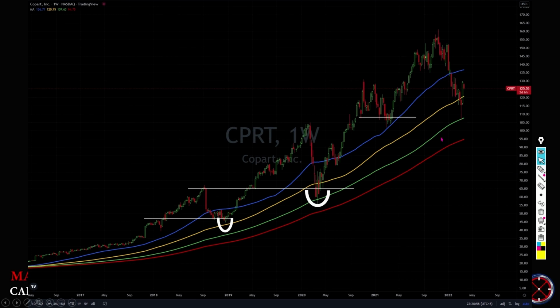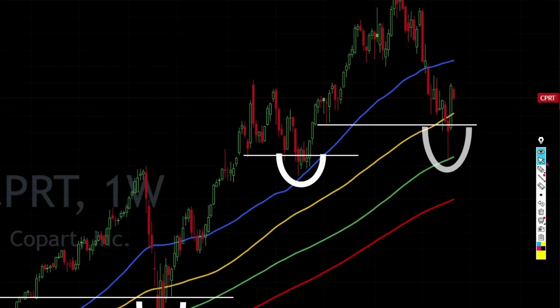All right. Okay, then here, this is something I would have missed out because it barely even touched the 50 moving average, but the price structure is pretty nice. You have candles closing way above that. All right, so again, here's some support, and this is deep.